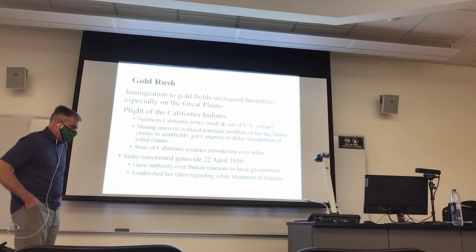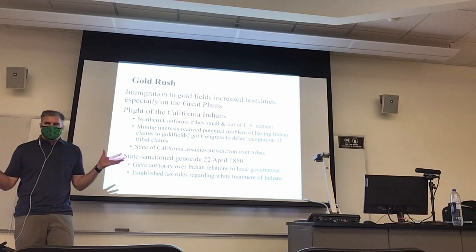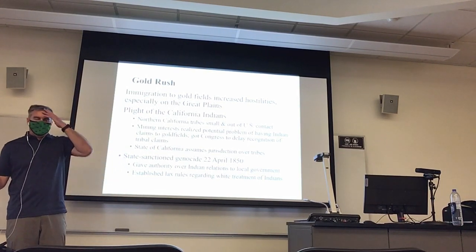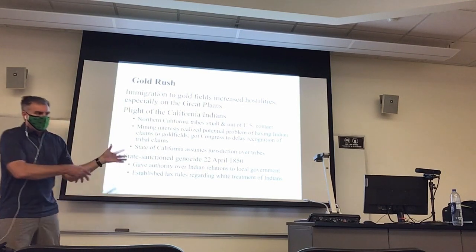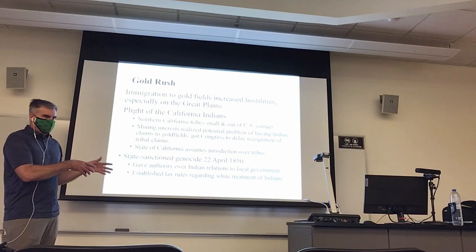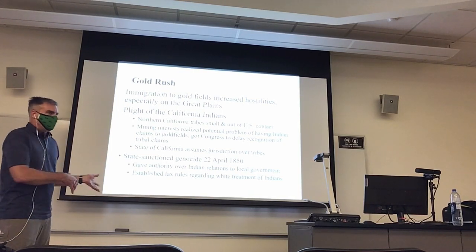And so here you have the gold rush, right? And it's basically an open season on the land to get gold. Now the gold rush, of course, was a massive influx of population from about 1850 to about 1853 from all over the world.